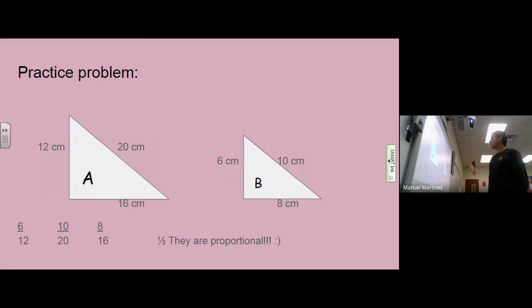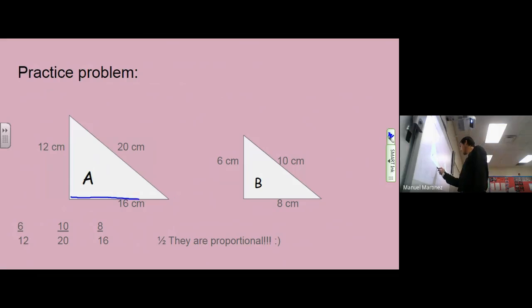We have two triangles, triangle A, triangle B. That means we're going to compare, I'm going to use different colors, okay? We're going to compare the bases, so the base here, those are corresponding sides, okay?